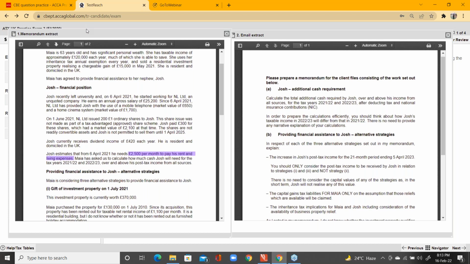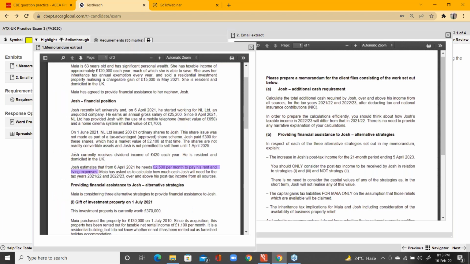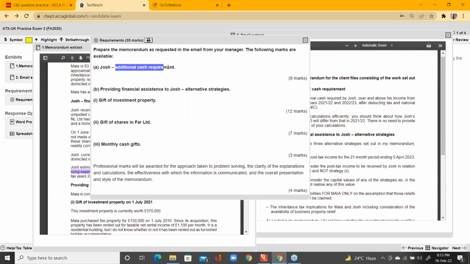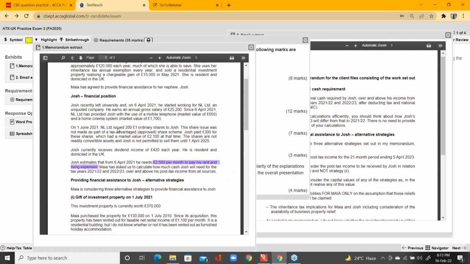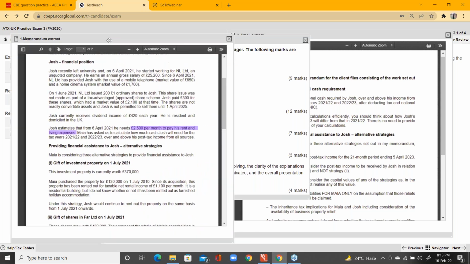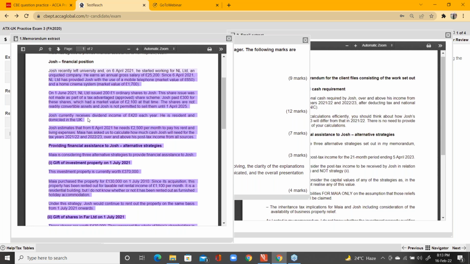That is why in part A it is required to find how much additional cash Josh requires, because he needs 2500 per month to pay his rent and other living expenses. For sure he would not be having much income from employment and this dividend source, so there is a shortage of funds.